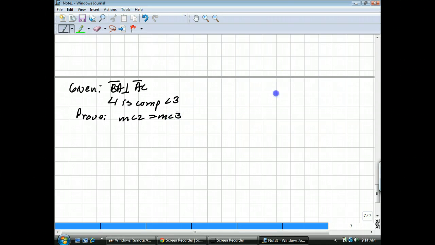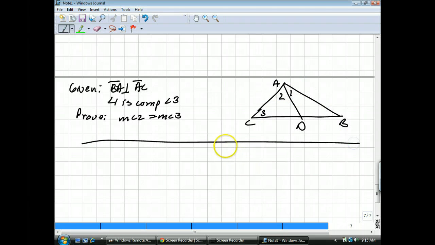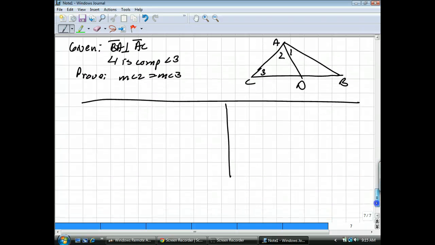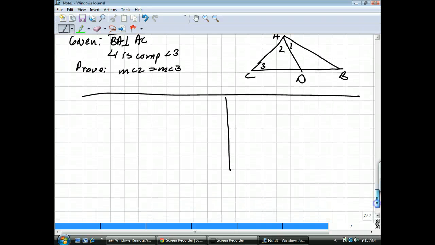And our picture: this is A, this is C, D, B, and this is angle 1, 2, and 3. Okay, so here are our statements and our reasons.